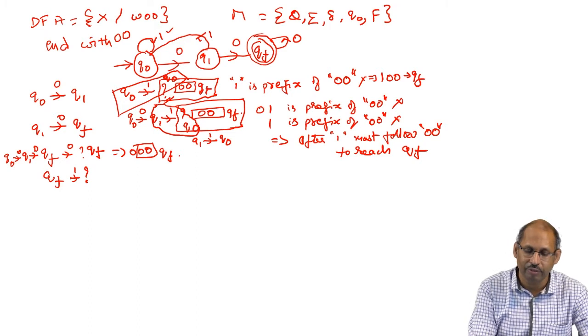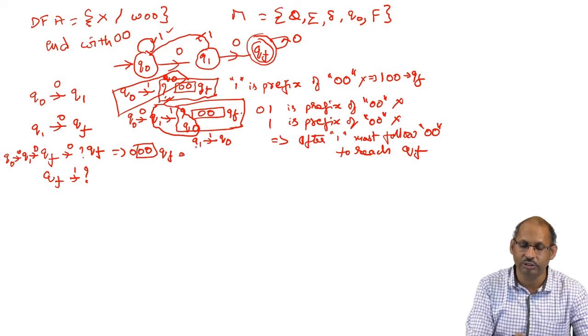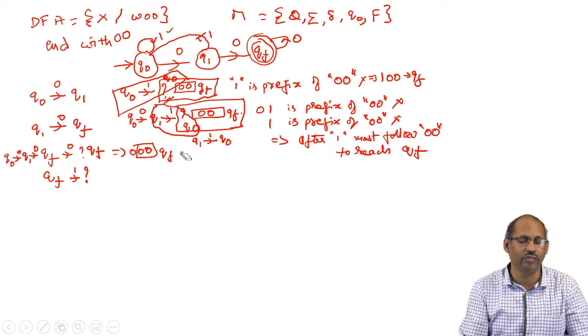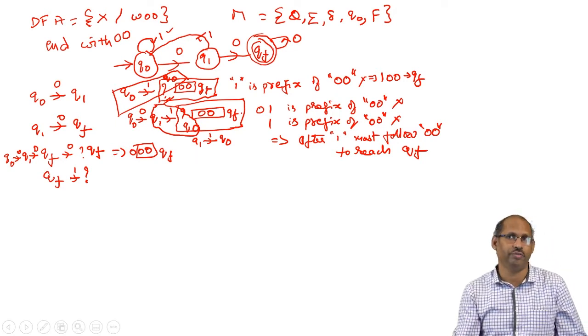So we can conclude QF on 0 goes to QF only. So we have written QF on 0 goes to QF.